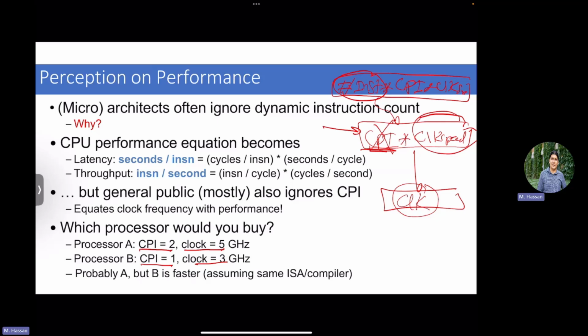Well, if you give this to someone that doesn't know computer architecture as much, you say, well, 5 gigahertz, that's almost double the frequency, I'll just go for it, right? But in reality, if you do the math, you might really realize that B can be faster, right? Given that it has half of the CPI. Right? Because if you do the equation, you multiply 2 by 5, gives you 10, but then you multiply 1 by 3, it gives you 3.